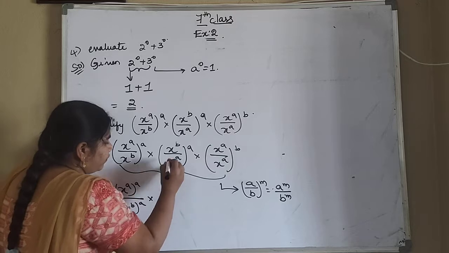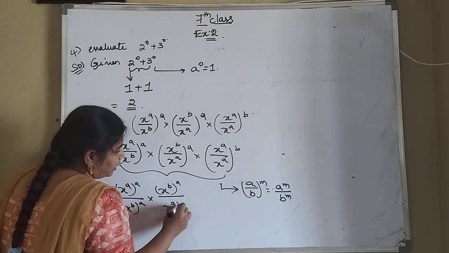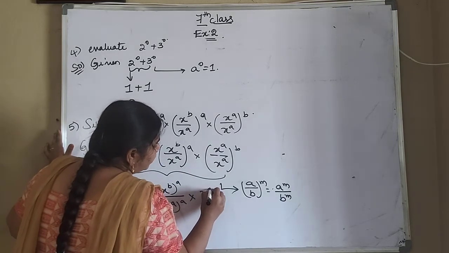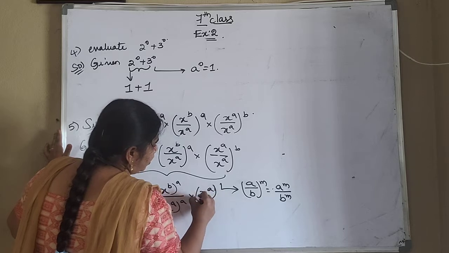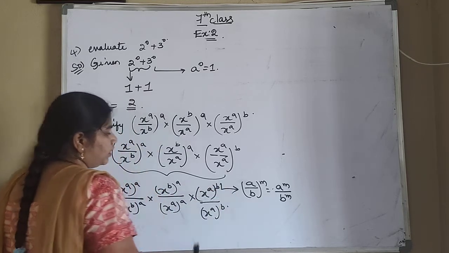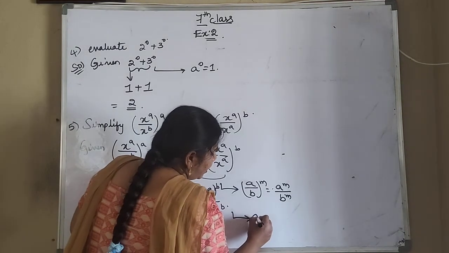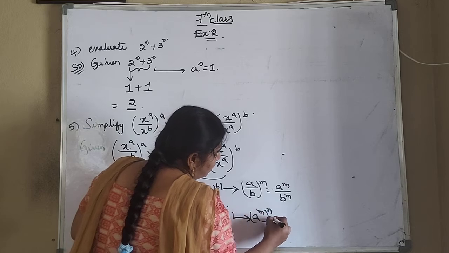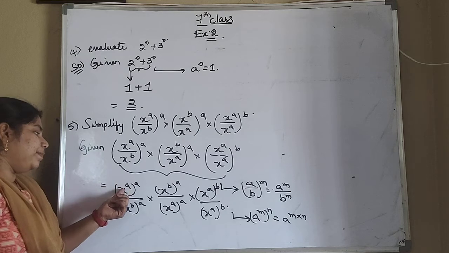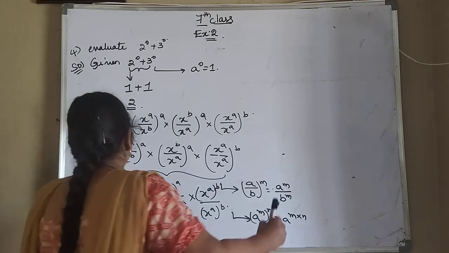Okay, in the same way x power b whole power a by x power a whole power a, into again this one, x power a whole power b by x power a whole power b. Okay, now all these terms are in the form of a power m whole power n, so we can write in the form of a power m into n. So we can multiply these two powers. So how will you get here?